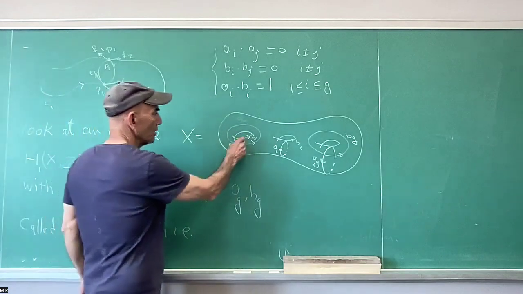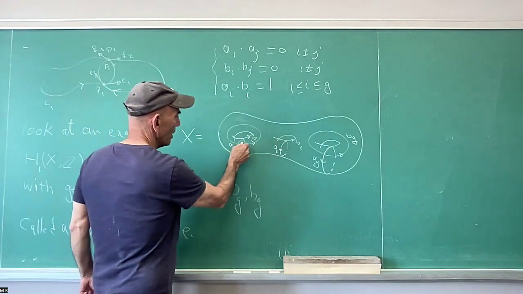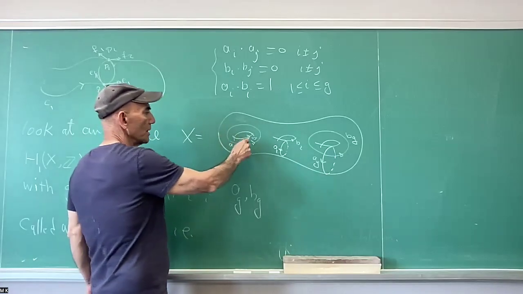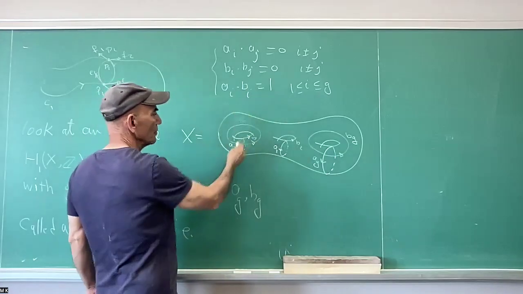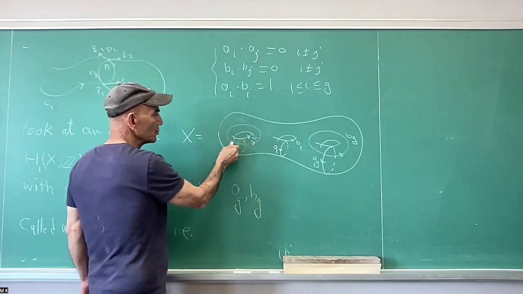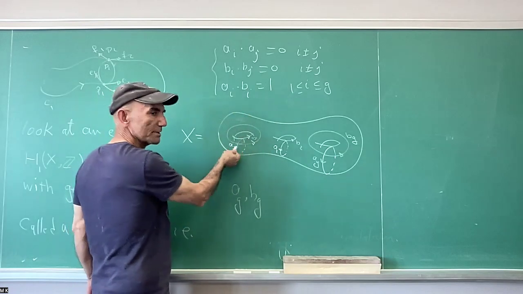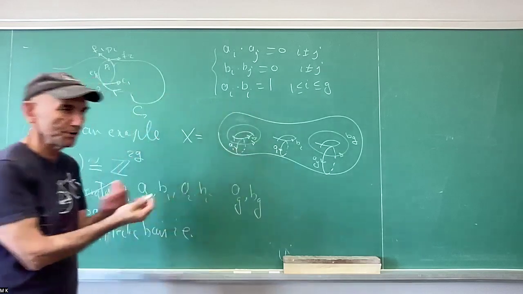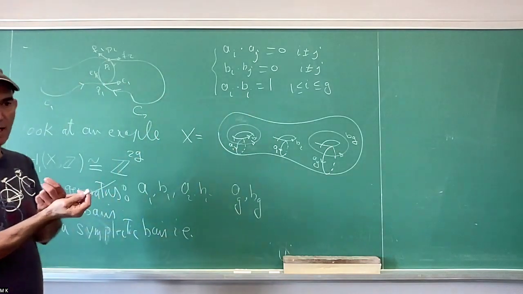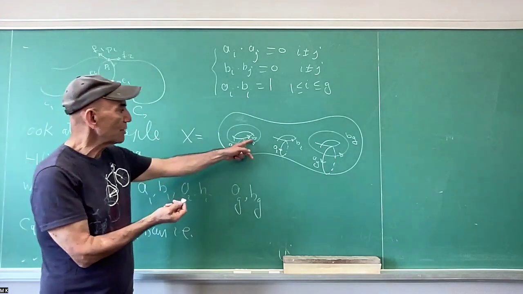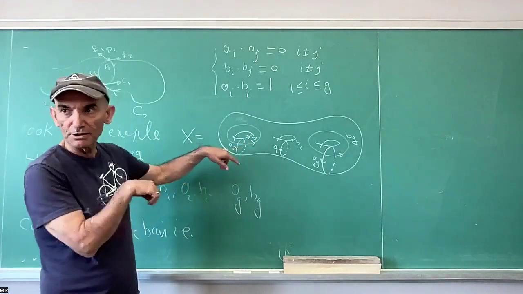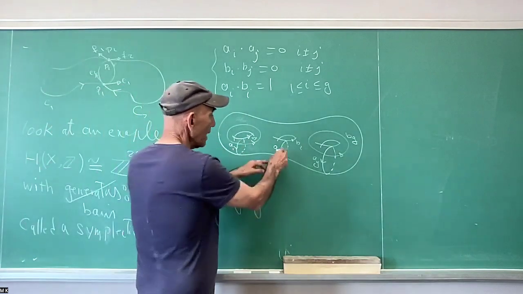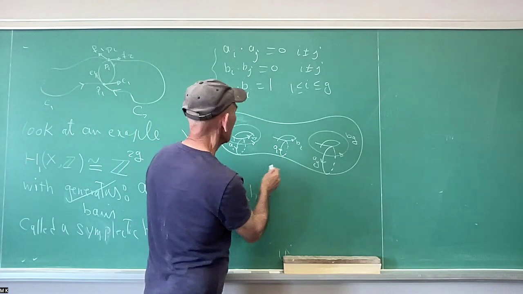So this A1, B1 has the same orientation as the surface at that point. These two generators, A1 and B1, have only one intersection point, and it's positive. If I chose B1 dot B2, it would be -1, going the other direction. Same thing with the others.